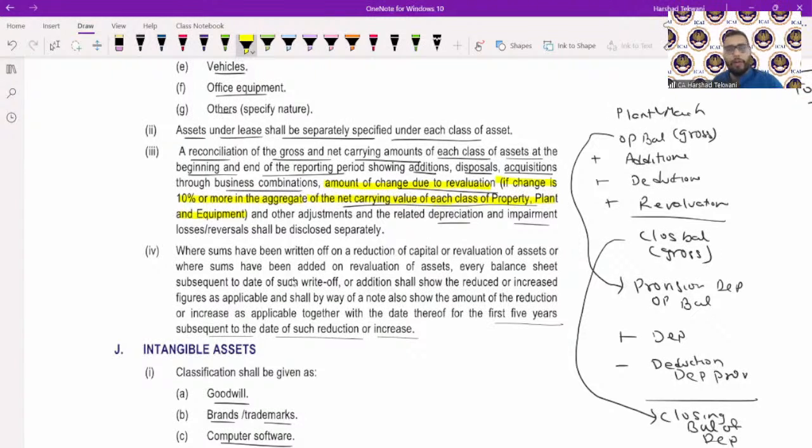So it talks about revaluation. If more than 10% is there, then show the amount of change due to revaluation. Otherwise, you can club it into the other adjustment. No need to show a separate head for the revaluation. Clear?